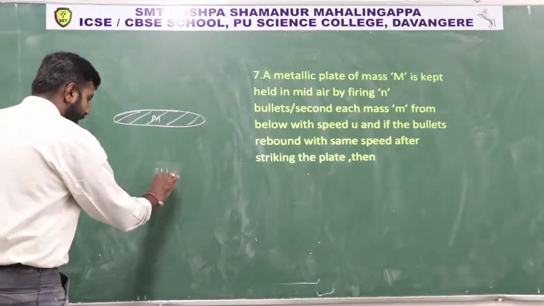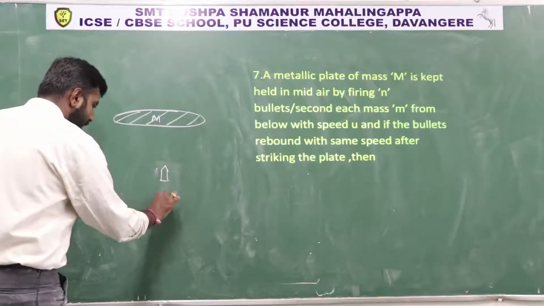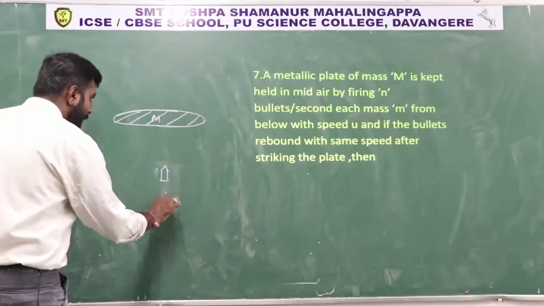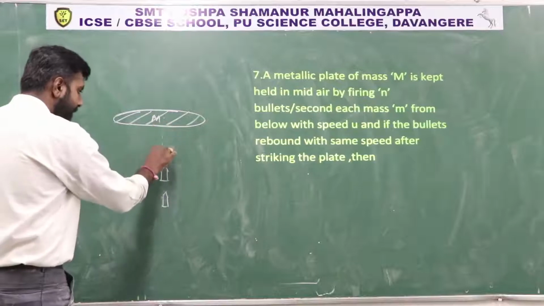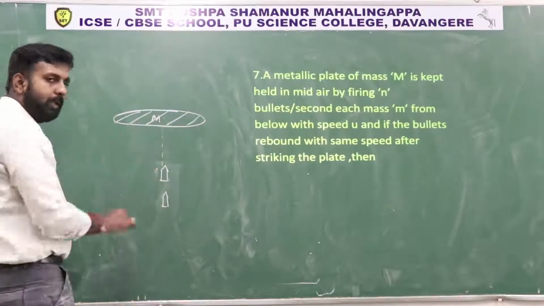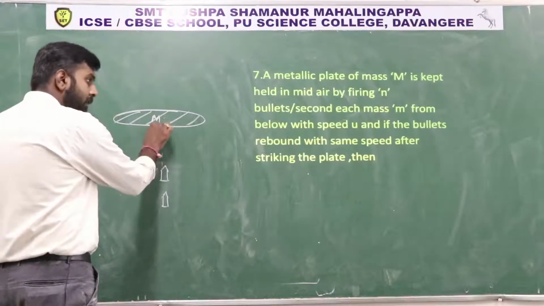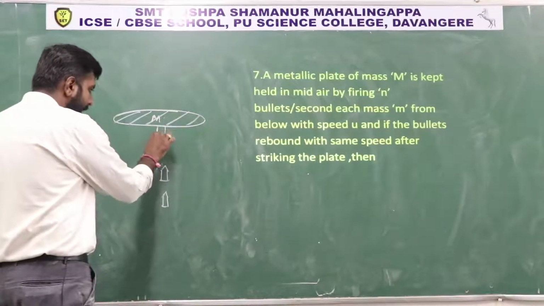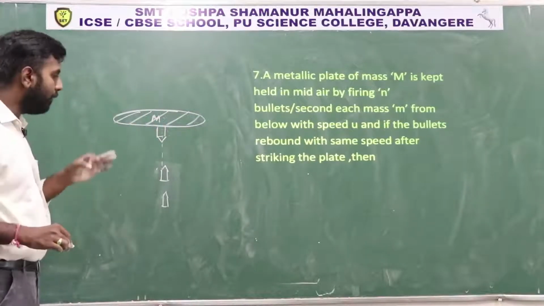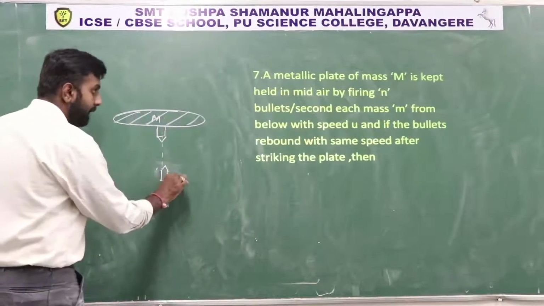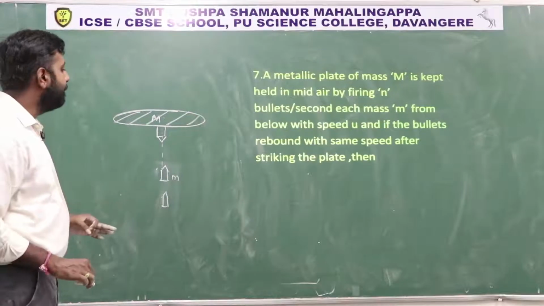These bullets are fired from below the metallic plate, strike the plate, and rebound with the same speed. The mass of each bullet, let us take it as m.